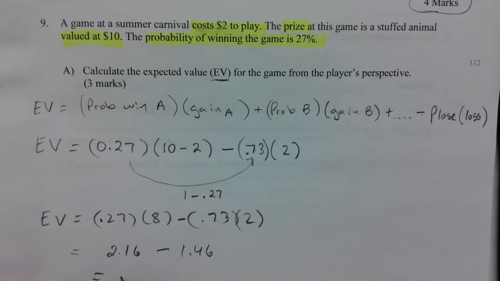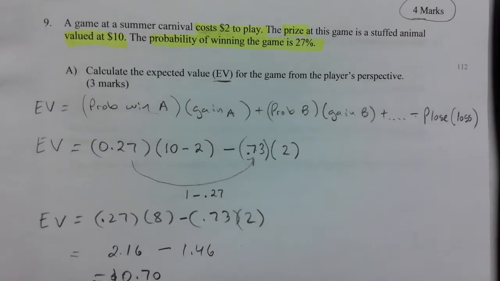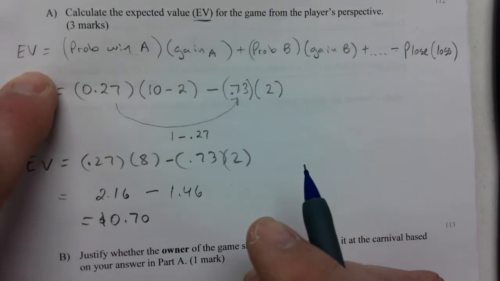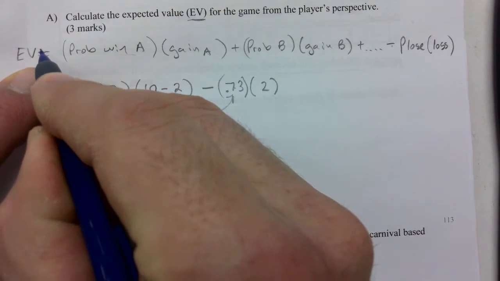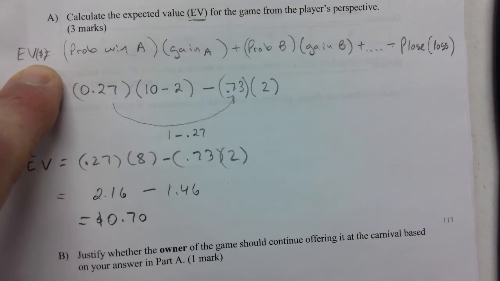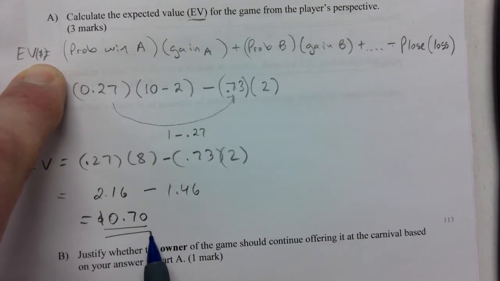You subtract, you get 0.7, and it's a dollar amount. It's always a dollar amount. So maybe we write down here expected value in dollars, right? Up on the original formula here, where my finger is. 70 cents.